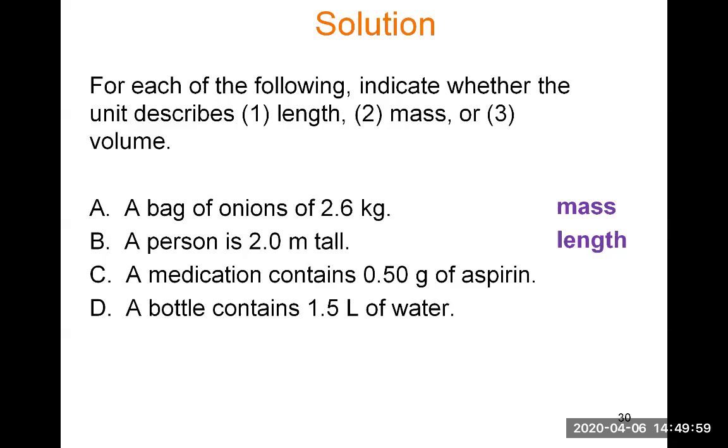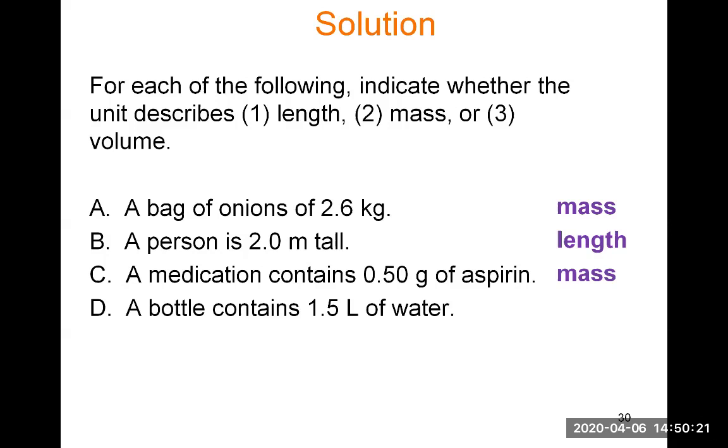The medication contains 0.50 grams of aspirin. Aspirin is in tablet form. Here we have grams. When we have grams, we should think about mass. Grams are units of mass.